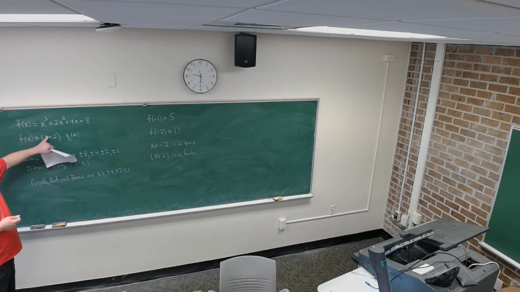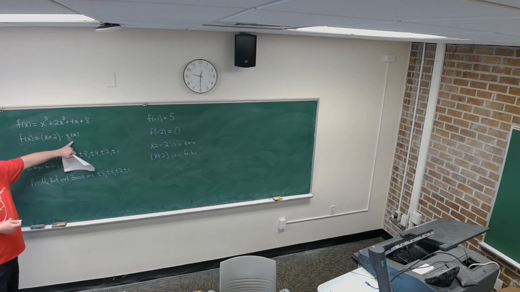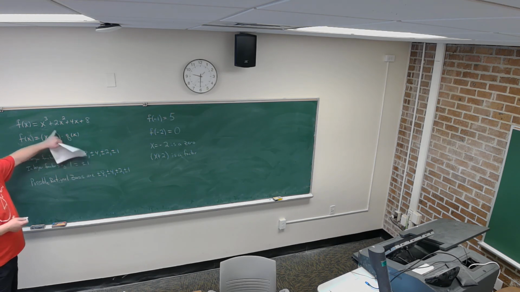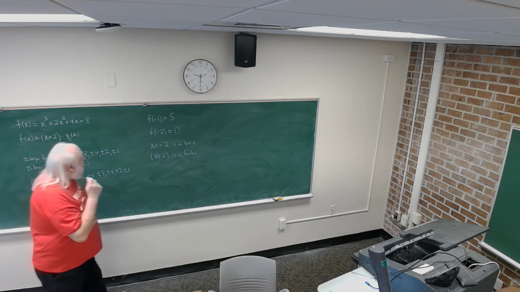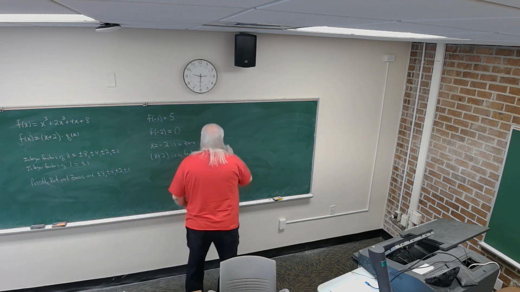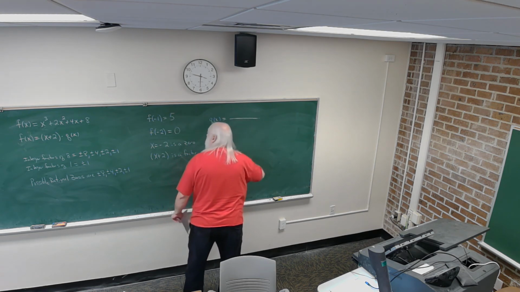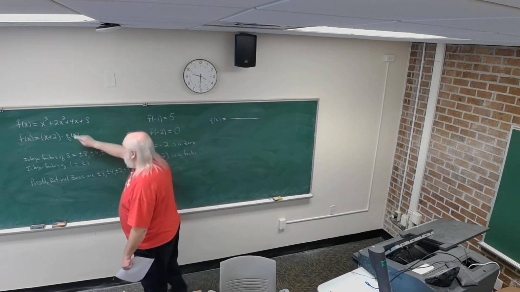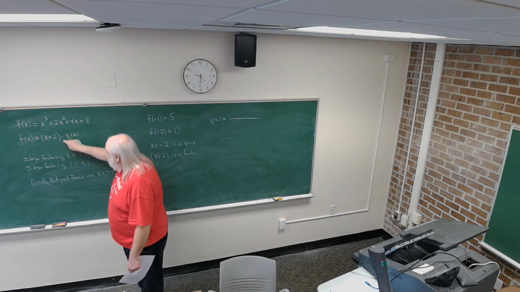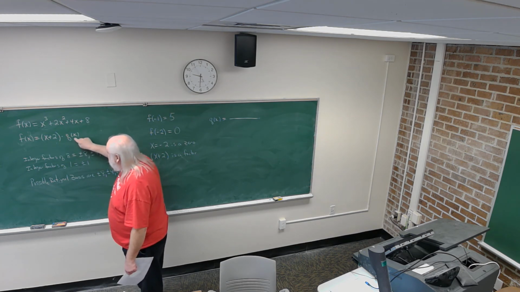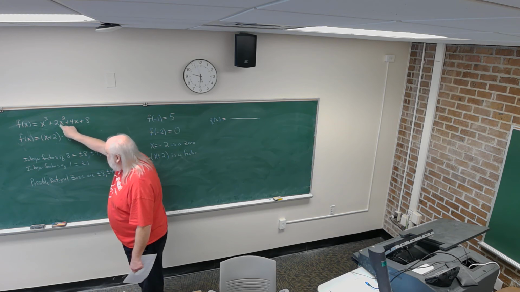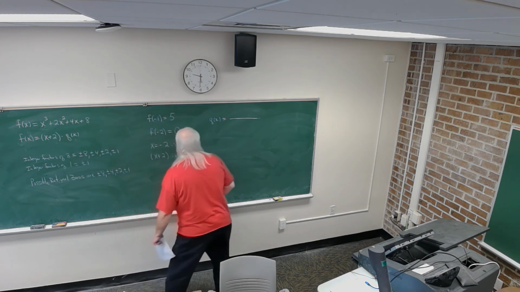This factor is linear, x to the first, so q of x has to be a polynomial of second degree. It has to be a quadratic. So to find q of x, our third degree polynomial is equal to x plus 2 times q of x. So to find q of x, we divide the third degree polynomial by x plus 2.